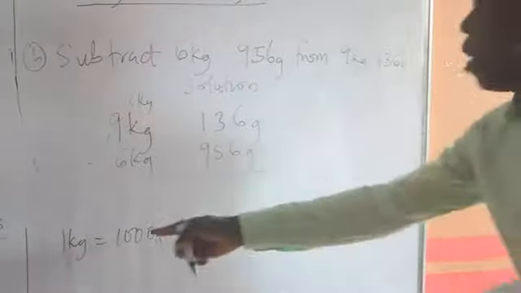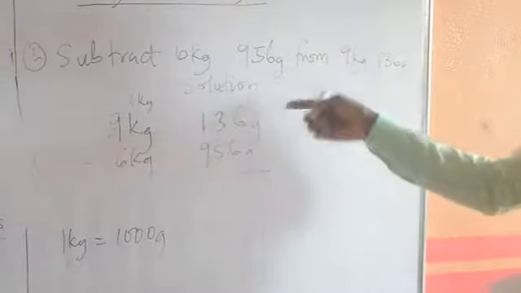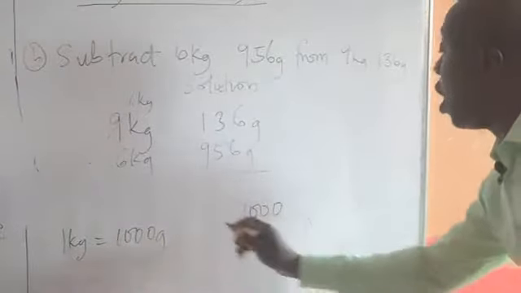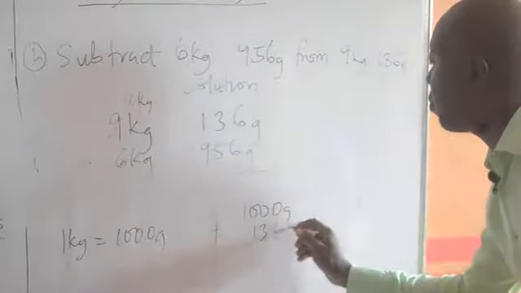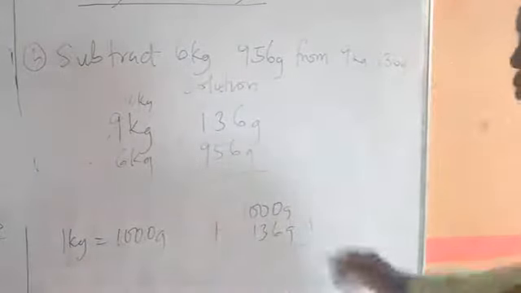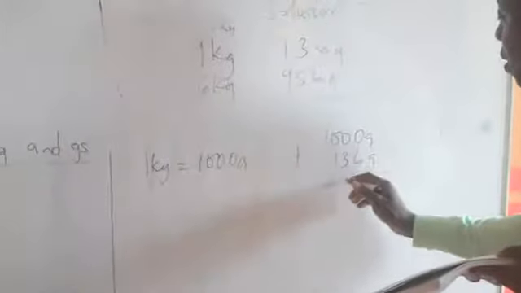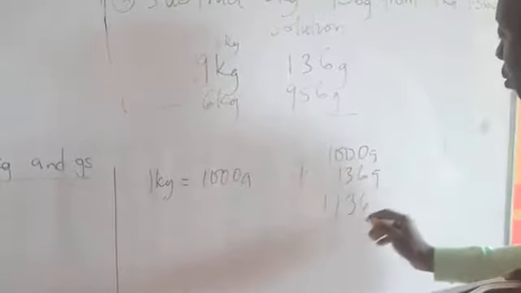So we'll add that 1,000 to 136 gram. So we'll have 1,000 plus 136 gram. 0 plus 6 will give us 6, 0 plus 3 will give us 3, and 0 plus 1 will give us 1, and we'll bring down our 1.